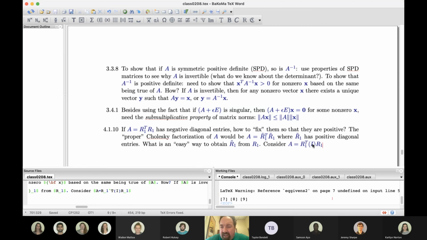Now, you could write identity as whatever you want, as long as it's something that's equal to identity, like a matrix times its inverse, or a matrix times its transpose if it's orthogonal. As a starting point to figure out what should go in here, you can break this up into a couple factors that could be applied to R1 and also to R1 transpose. That would have the effect of changing R1 in the right way to give it positive diagonal entries and still have its product equal to A.